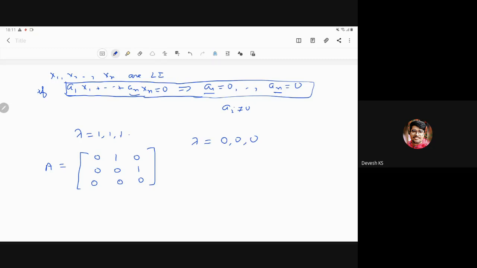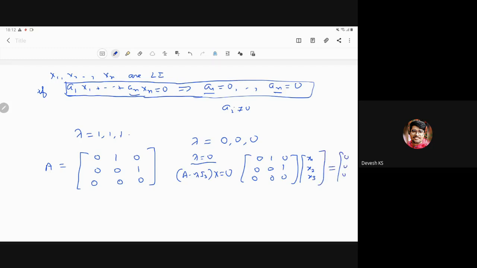Eigenvectors corresponding to lambda equal to 0: you solve (A minus lambda I3) x equal to 0, where lambda is 0, so you write simply A, that is 0, 1, 0, 0, 0, 1, 0, 0, 0, times x1, x2, x3 equal to 0, 0, 0.